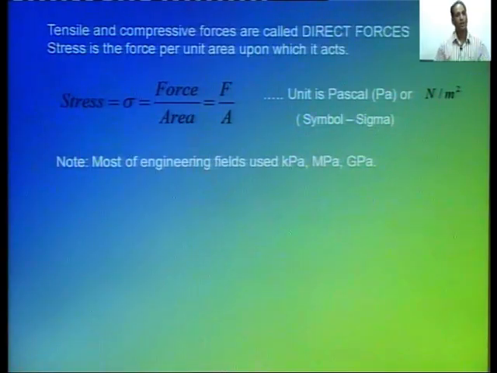In the engineering field, stress is measured in kPa (kilopascal), MPa (megapascal), and GPa (gigapascal). The unit of stress is Newton per square meter or Newton per square mm. Simply, stress is force per unit area.